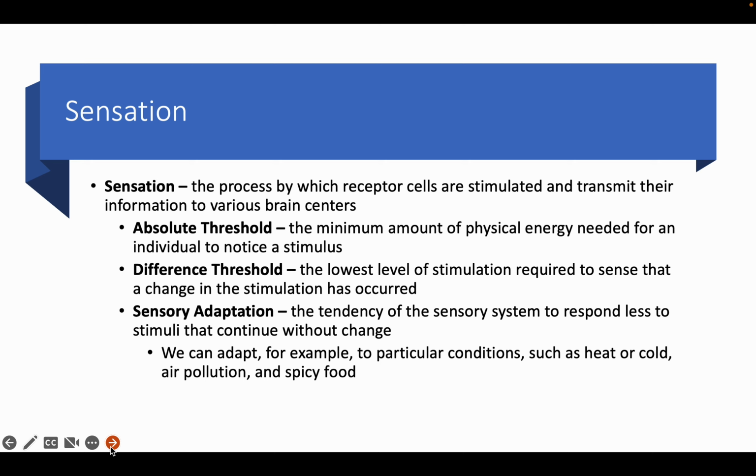And then finally, sensation has what we call sensory adaptation. This is the tendency of the sensory system to respond less to a stimulus that continues without change. Think of how we can adapt as humans, for example, to particular conditions such as hot or cold, air pollution, or spicy foods. Let's use the example of air pollution.